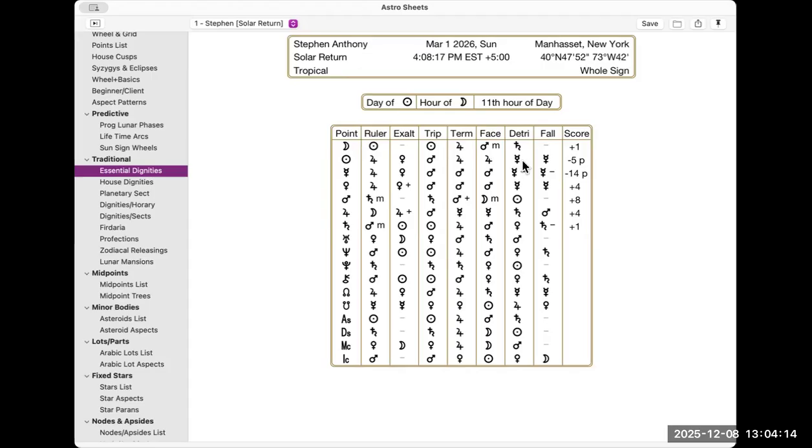Mercury is in detriment in Pisces and in fall in Pisces, because we do see that Mercury has a score of -14. So then we have Venus exalted in Pisces. We have a dignity score of 4. Mars has some dignity, by term and mutual reception with the moon.